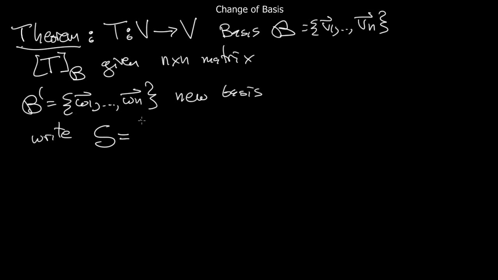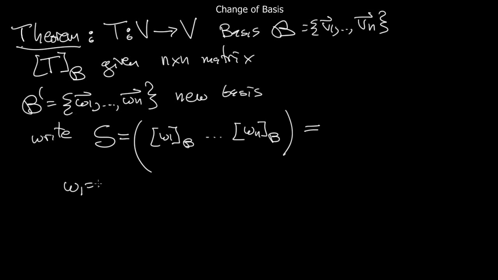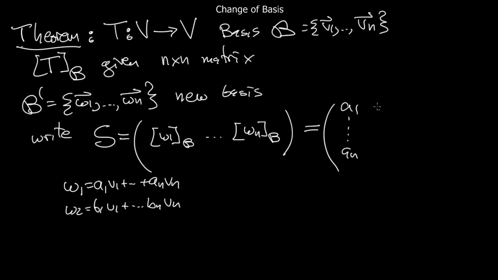Well, you take the matrix S, which is you take these vectors w1 through wn, and you write the coordinates in the original basis. That is to say, w1, for example, is some vector. Well, you write it as a linear combination of the original basis, a1 through an. You make that the first column. And similarly, you write w2 as a linear combination of the original basis.